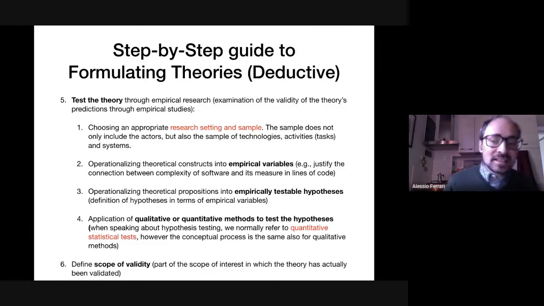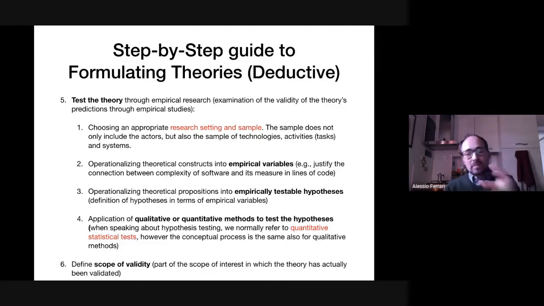This is typical of quantitative studies, but the philosophy is very similar also for qualitative studies. So it is something that you have to consider for any type of theory. And then I have to test the hypothesis, verifying that it actually holds for my context. When we speak about hypothesis testing, we always refer to quantitative statistical tests.